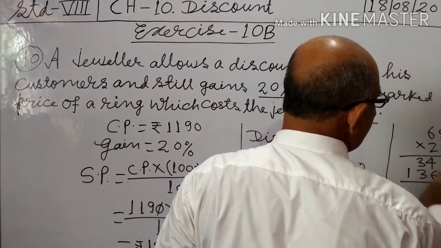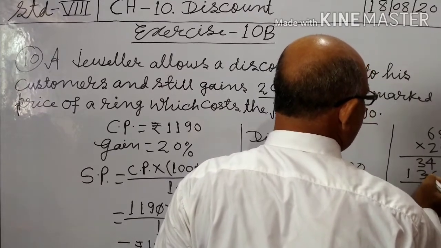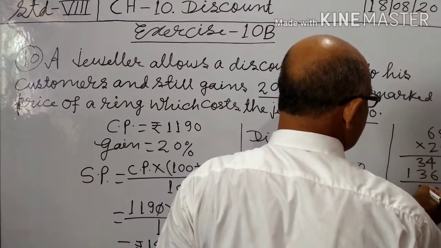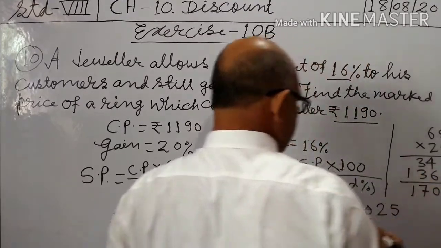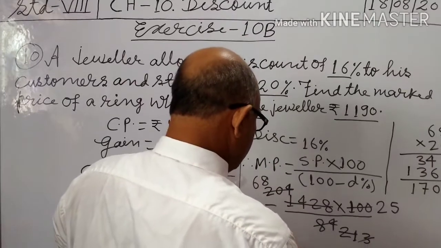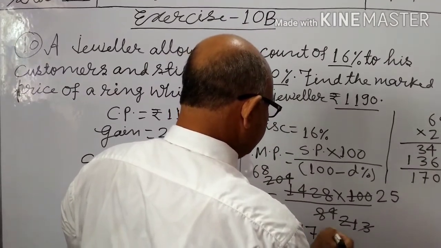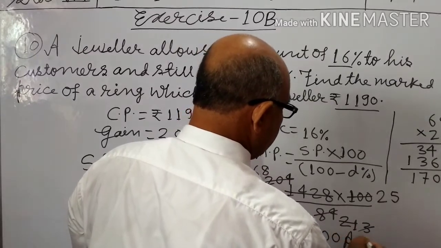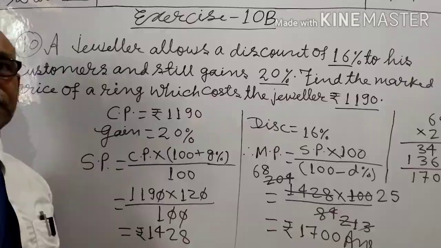Add it. 0. 6 plus 4, 10, write 0 carry 1. 3 plus 3, 6 plus 1, 7. Equal to rupees 1700. Answer. Understand and write it.